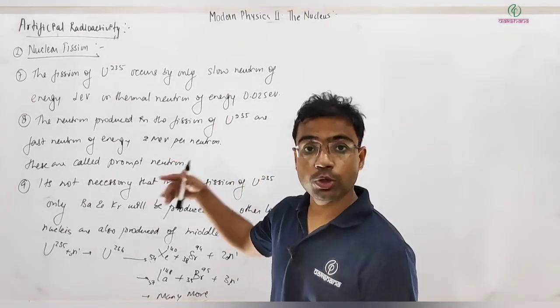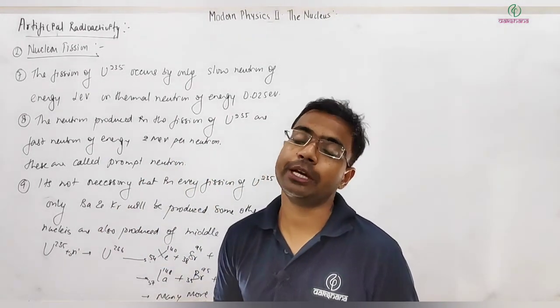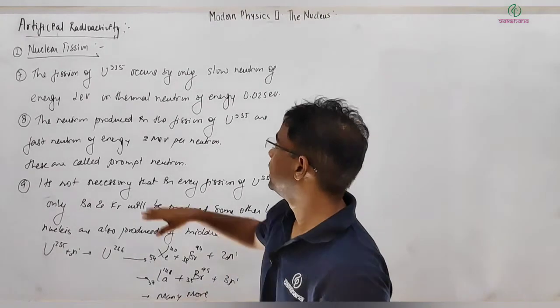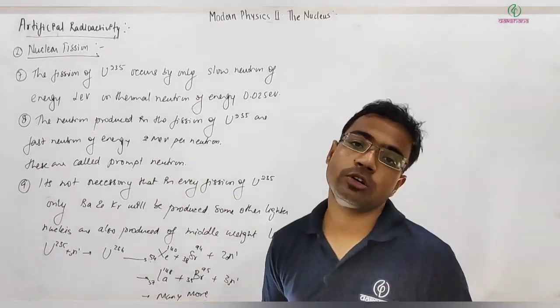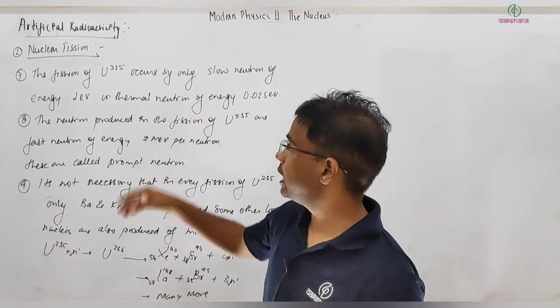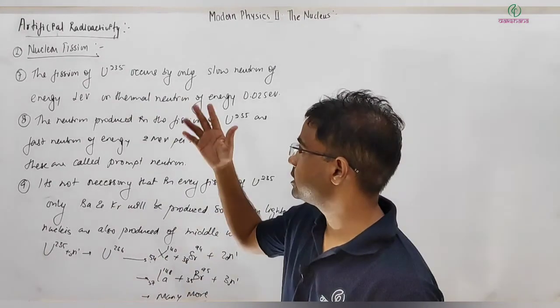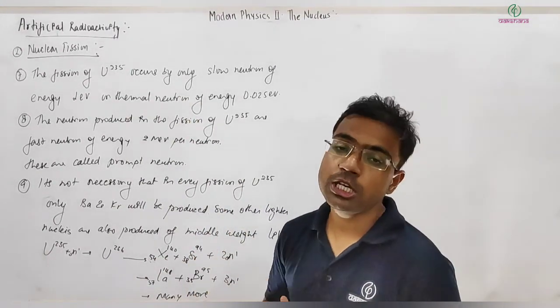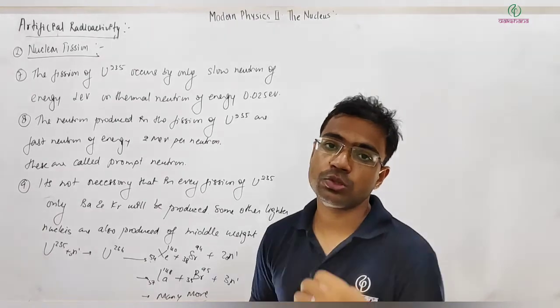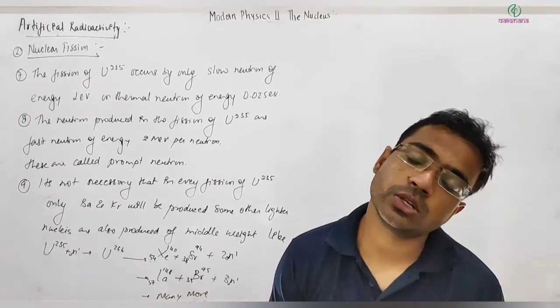But the neutrons released in the fission of uranium-235 are fast neutrons, carrying an energy of something like 2 mega electron volt per neutron. So for these neutrons to be used in the chain reaction, for further initiation of fission of uranium-235, they need to be slowed down. Yes, we have methods to slow down the neutrons, and they are called moderators. Moderators slow down the neutrons.